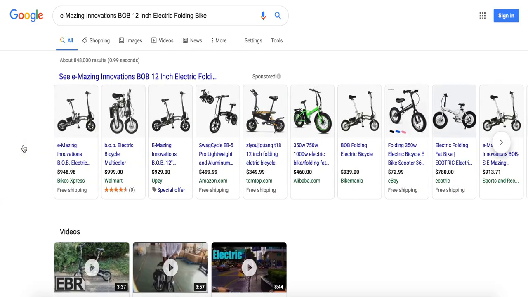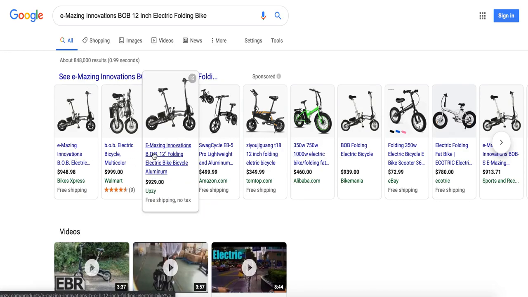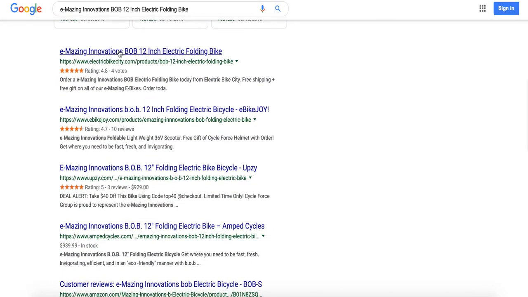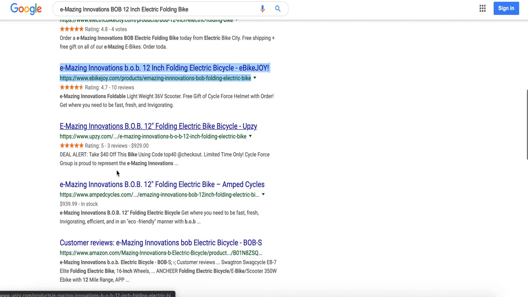So what I'm guessing is that the MAP policy is probably somewhere around $9.29 or $9.39. It's kind of hard to tell. There's not too many dealers. Let's see what it is on this store and the others, and see if they have similar pricing.